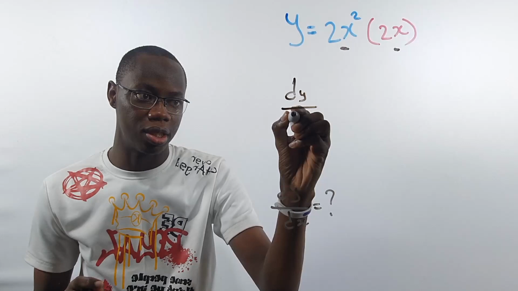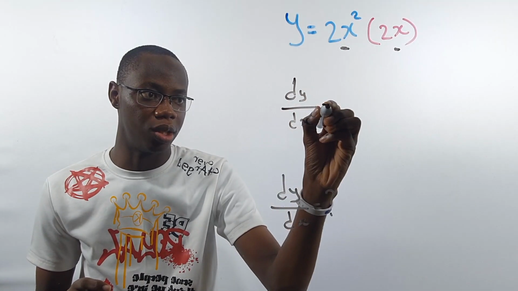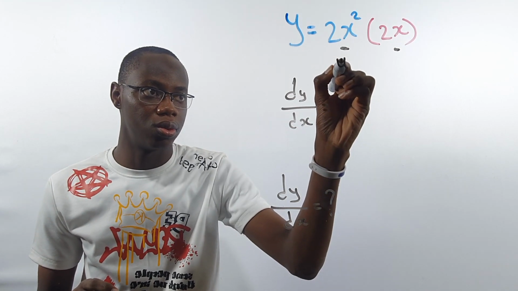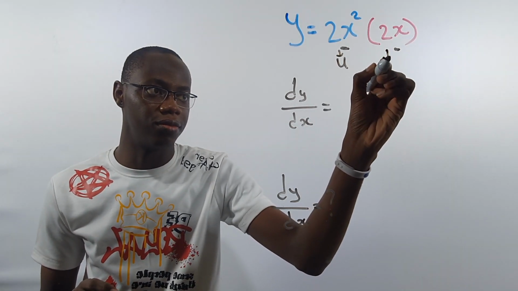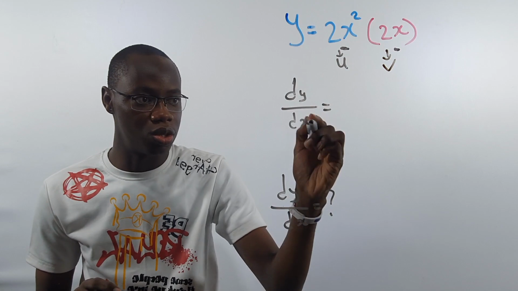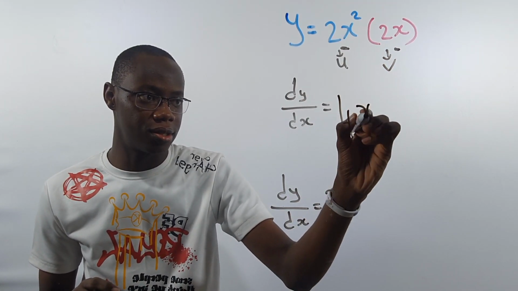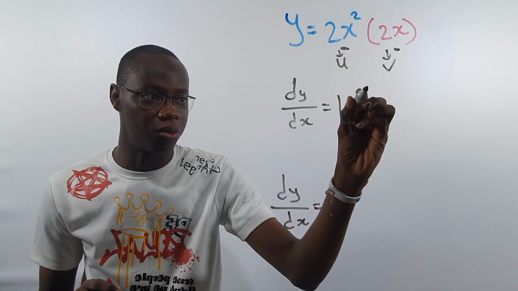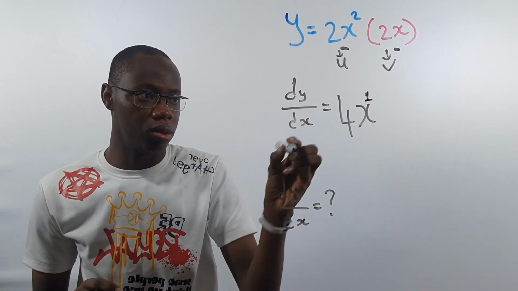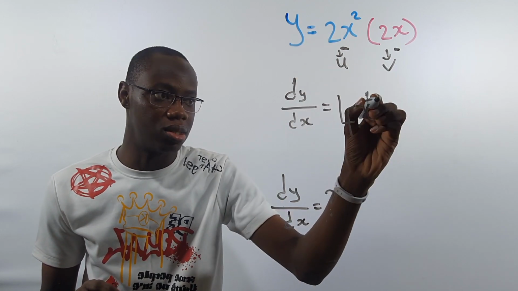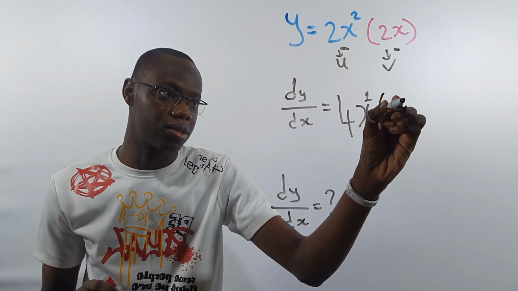So dy over dx, very easy, will now be equal to, differentiate this one, this is u here, and this is v. So differentiate this one. 2 times 2, that's 4x, subtract 1 from the power, so this will be 1 here. So differentiate this u like this and leave this one the way it is, which is 2x.